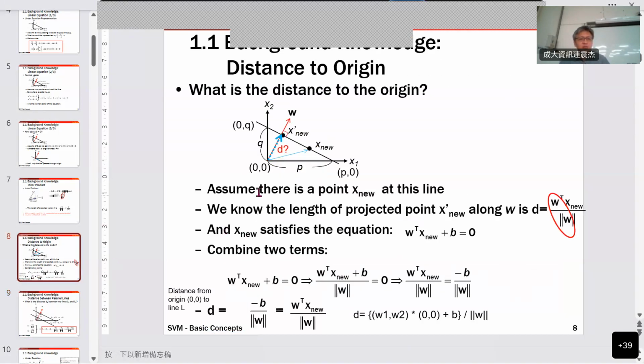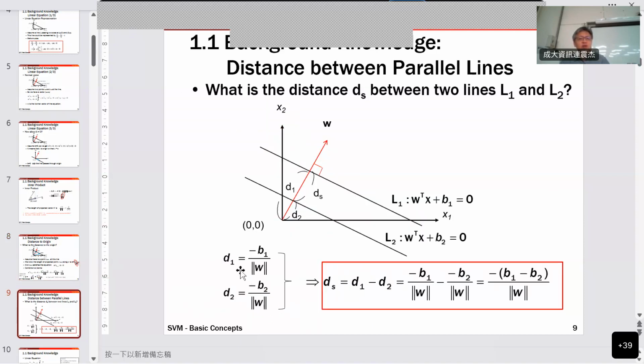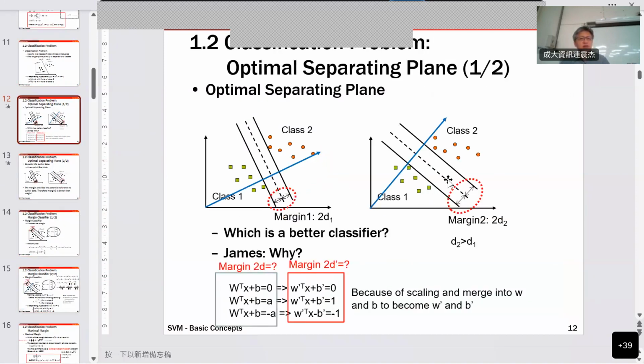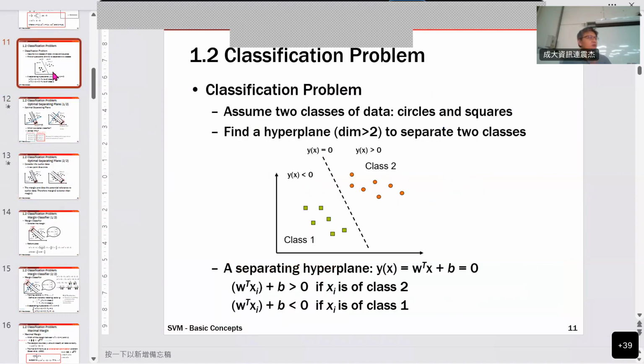So our purpose is the distance, a point to line distance. Right now, we want to find the distance between two lines. Why do we want to find this? Because for discrimination, a line separates both clusters.